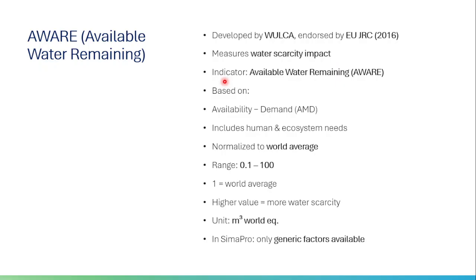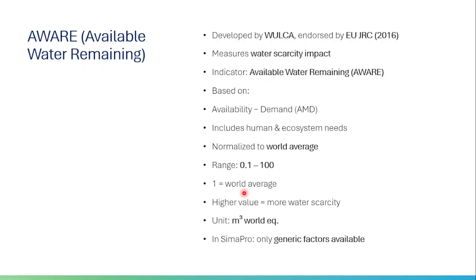It measures water availability after meeting human and ecosystem needs, using availability minus demand, AMD. Results are normalized to the global average. Higher values indicate greater water scarcity, ranging from 0.1 to 100.